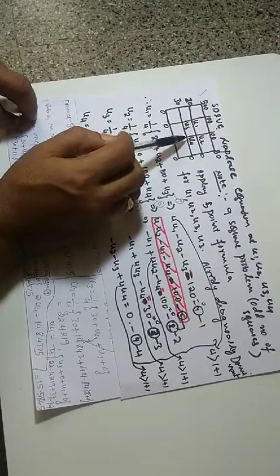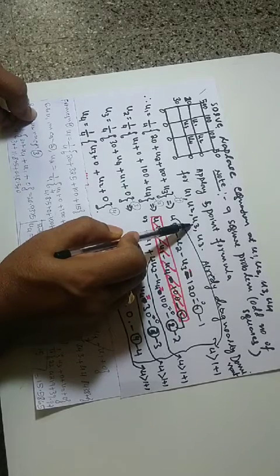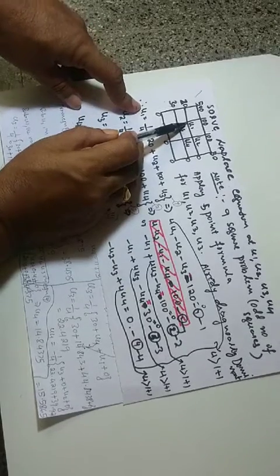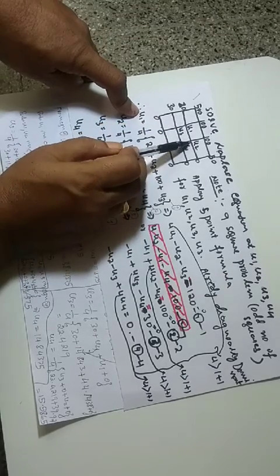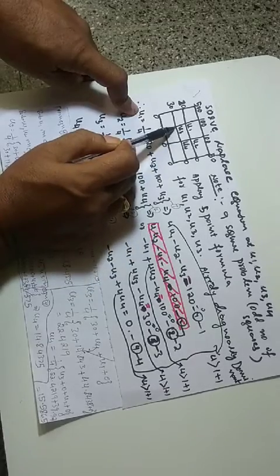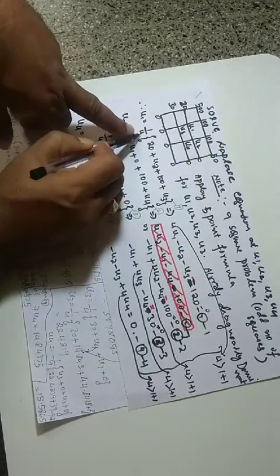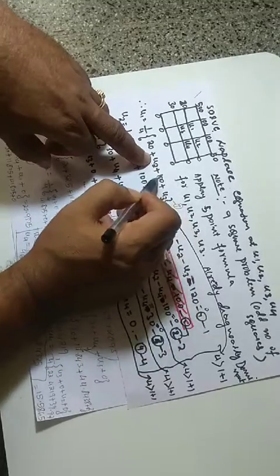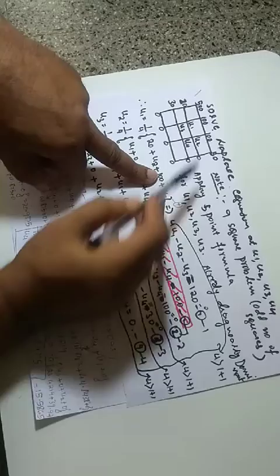To find u1, u2, u3, u4, you are applying only the standard 5-point formula. Now what is the standard 5-point formula at the point u1? At the point u1, left side 20, right side u2, upper side 100, lower side u3. u1 is equal to 1 by 4 into left side 20, right side u2, upper point 100, lower point u3.